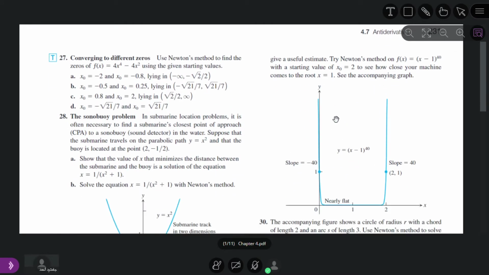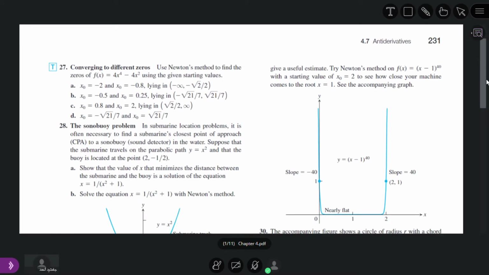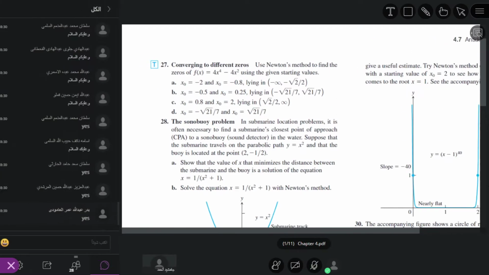So before starting, I have some questions for the students, because you have studied calculus 1 before. What is the derivative of x squared? Can anyone answer, because you have studied derivatives before. In this subject, I shall discuss antiderivatives.